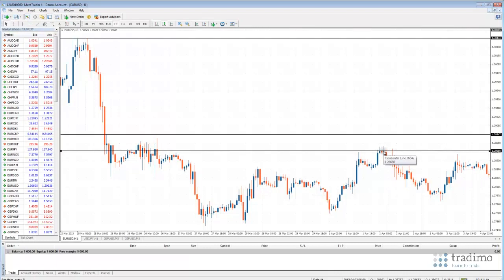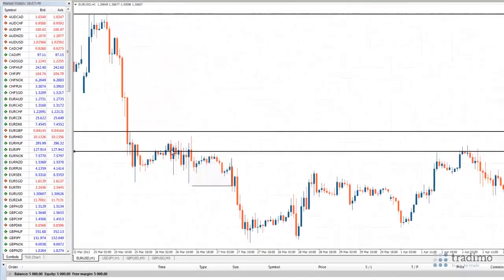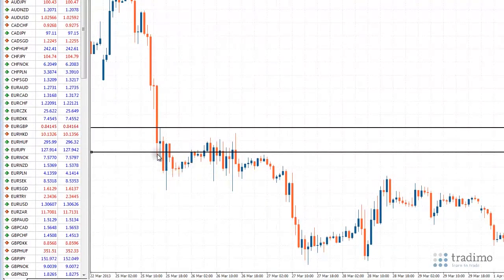However, there's something to note when marking up your support and resistance levels. Sometimes it's important to use a bit of discretion. If we have a look at this line, although we have a good resistance area here and here, if you move back a bit further, you can see that this resistance has been breached on multiple occasions. We break lower and we break higher on more than one occasion.